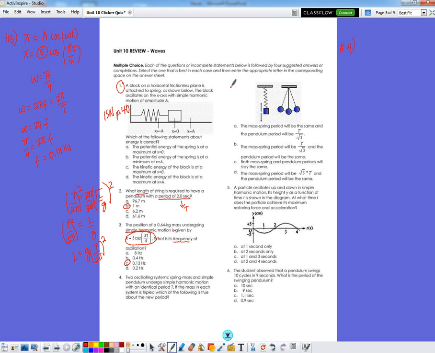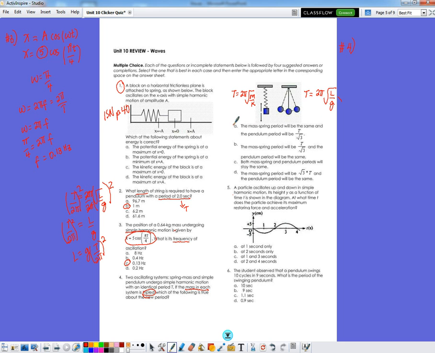We know that the period for the spring system is T equals 2 pi square root of m over k. And then we just discussed the pendulum, it's 2 pi square root of L over g. And based on this, if we change the mass by 3 times, we know that the pendulum is not affected by the mass because we do not have mass here.